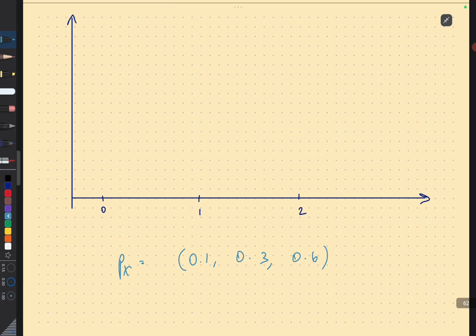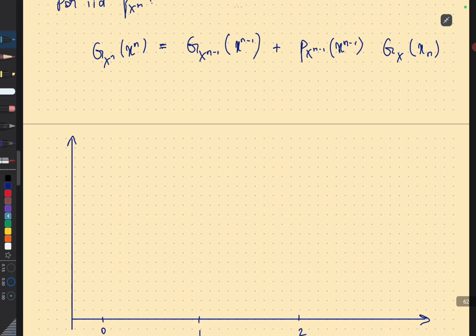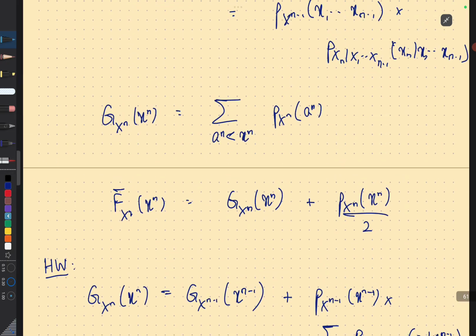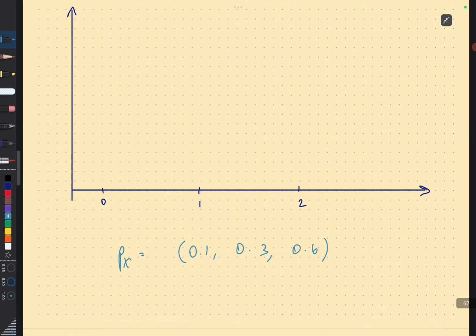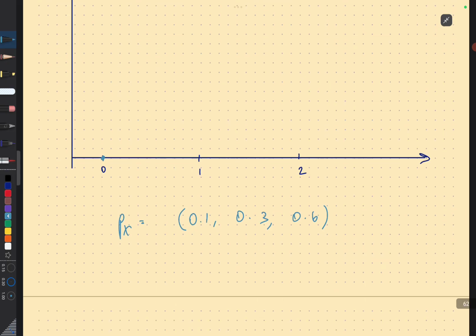What is g of 0? It is equal to 0. What is g of 1? 0.1. What is g of 2? 0.4.